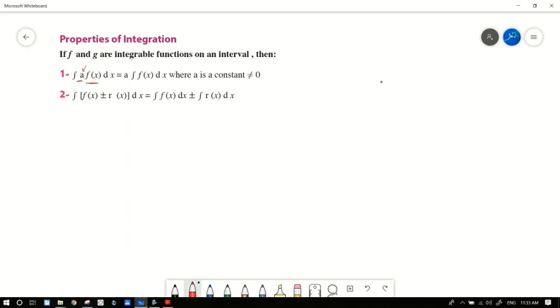For example, integration 5x power 2 dx can be written as 5 integration x power 2 dx, because 5 is a constant, so it has no effect on the integration, and I can put it outside.